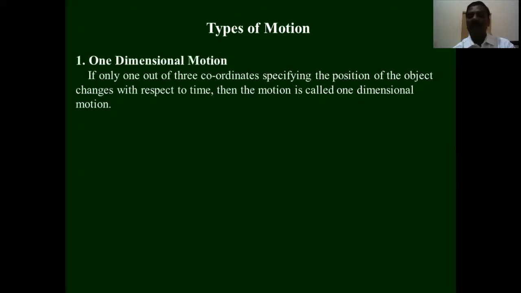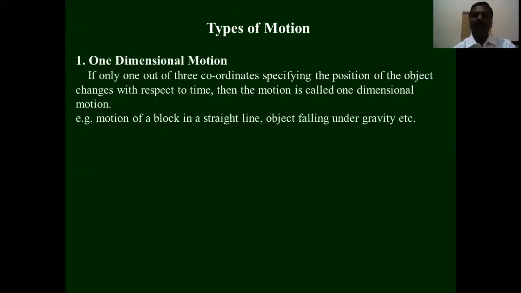Means you can consider suppose horizontal axis as x, or you can consider only vertical axis as y. So only one coordinate axis we can consider in this motion. So see the examples. You will find these are the examples, like motion of a block in a straight line.